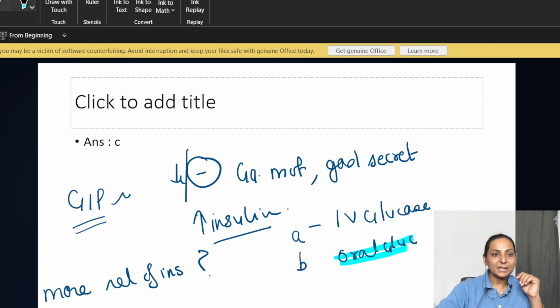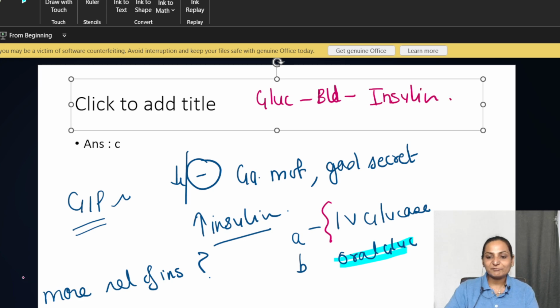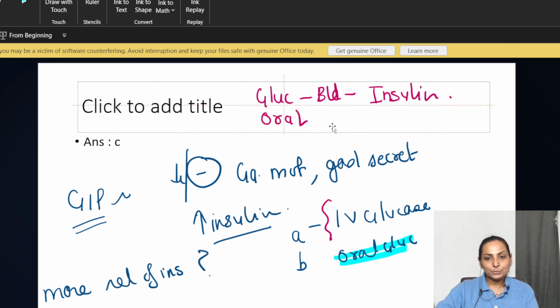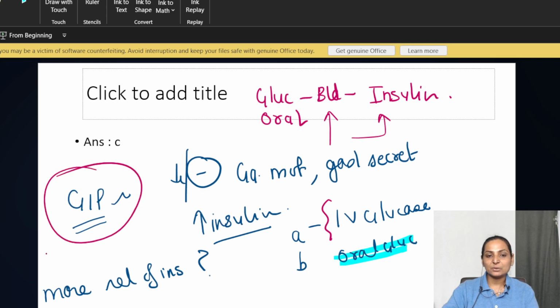What is the reason? When you are giving IV glucose, definitely this glucose will be coming into the blood, and obviously it will directly bring about increased insulin from the beta cells of the pancreas. But when you are giving oral glucose, you are not only raising the blood level of glucose, which will directly cause the release of insulin, but this glucose is going into the GIT, and in the GIT it will be secreting GIP and various other hormones which will also cause an increase in insulin.